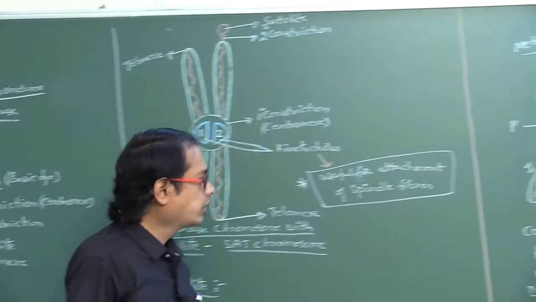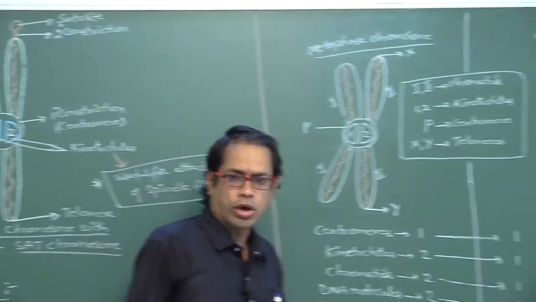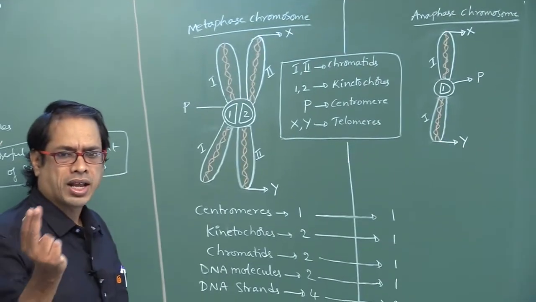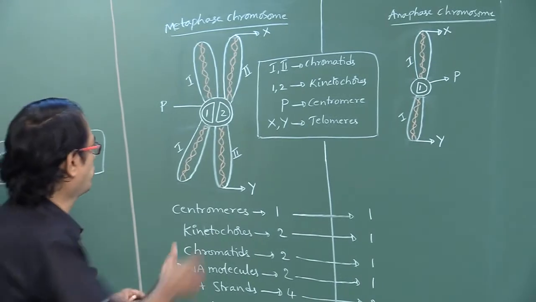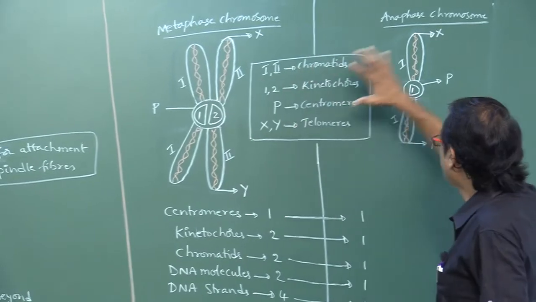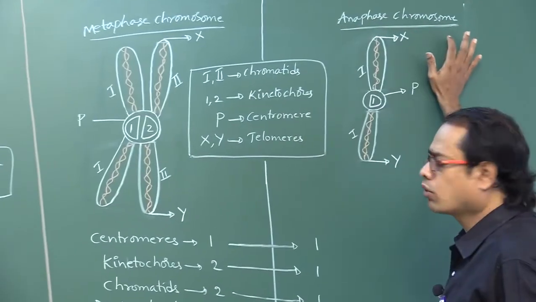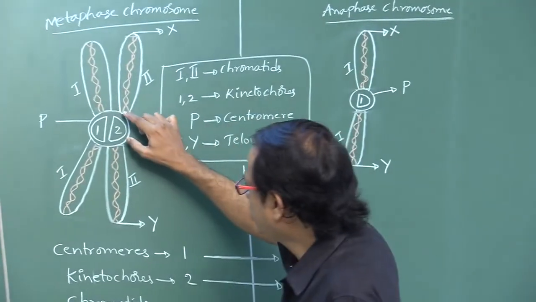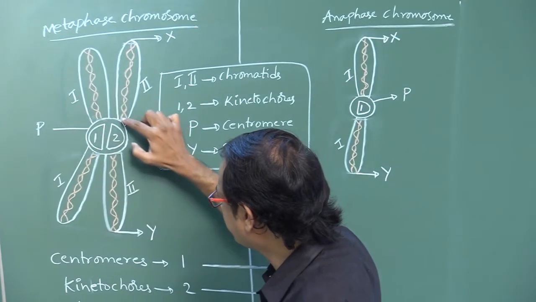Now look here. I am going to compare the metaphase chromosome with the anaphase chromosome. This is the diagram of the metaphase chromosome, and this is the diagram of the anaphase chromosome. This round part, represented as P, is the centromere.